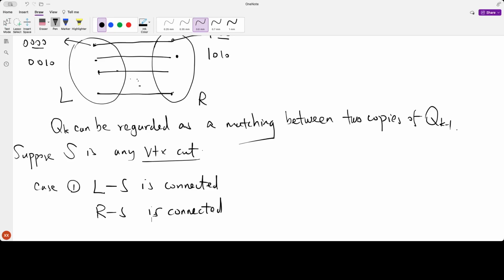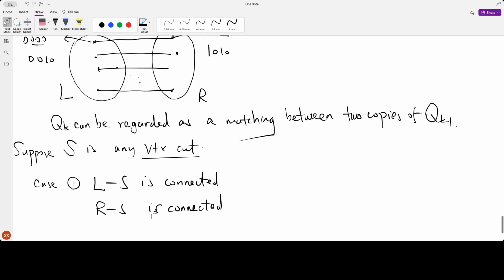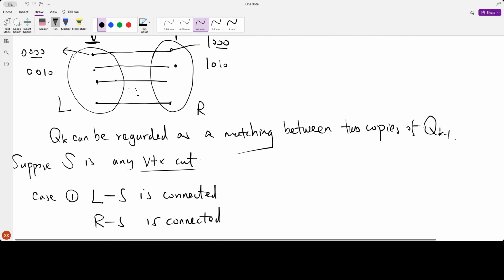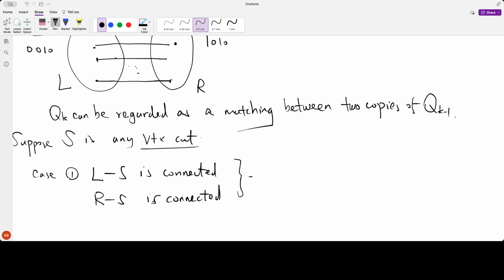So S is a vertex cut, and I suppose in case 1, the left part L, after deleting the vertices of S, is connected. And the same is true for the right part: R minus S is connected. So in this case, what happened?